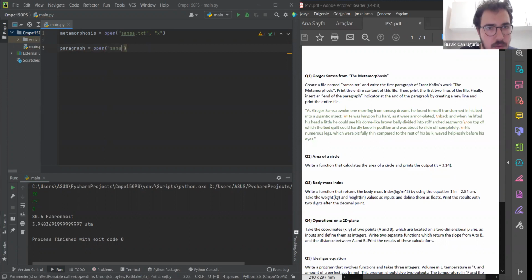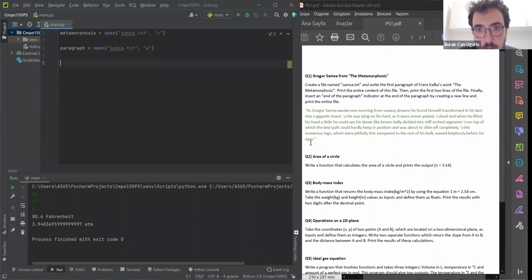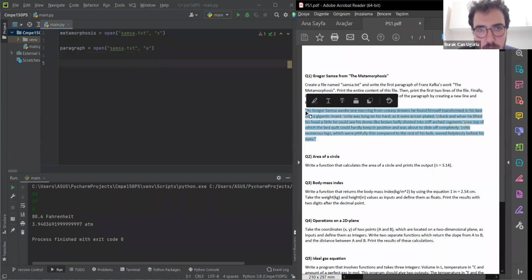And we can write paragraph is equal to open samsa.txt, and we will now write the paragraph here.